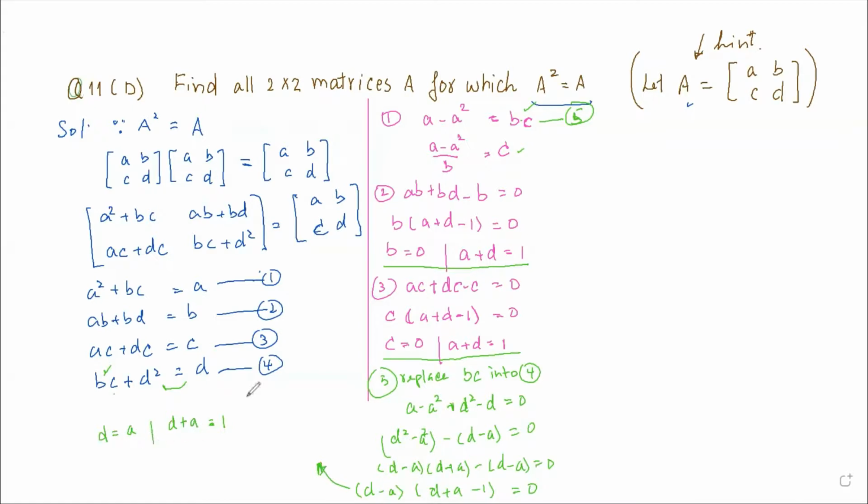So I got this one, and another one I have. Then again, observe this, we got D equal to A and D plus A equal to 1, same as this one, right? So either this equation A plus D equal to 1 or either one of these, we try to get D, correct.